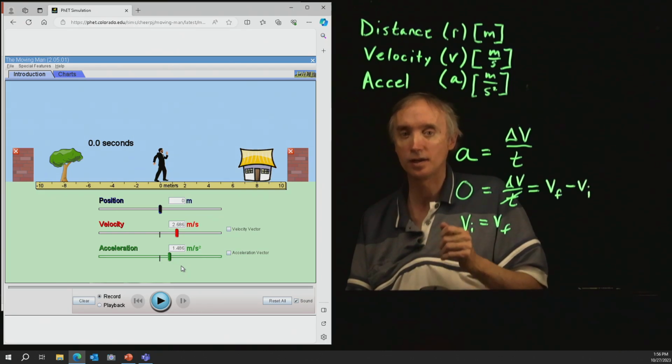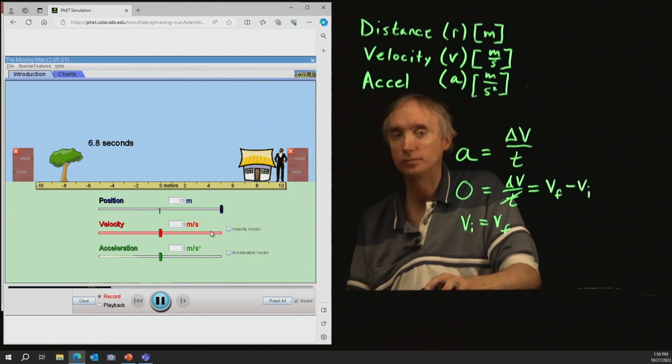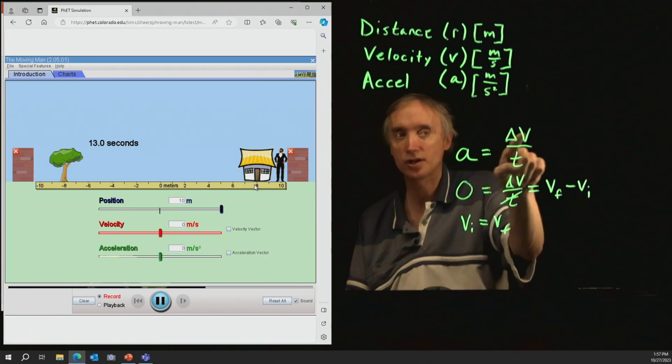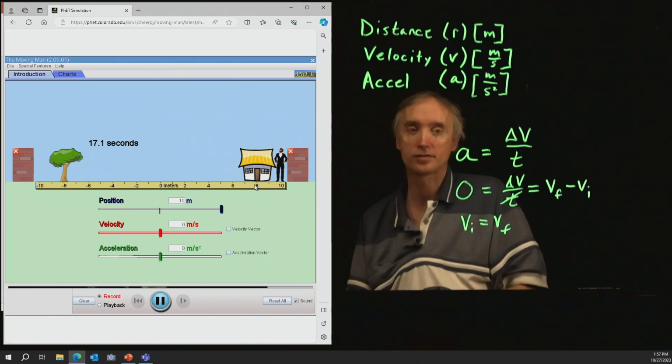Now he is accelerating. Okay, so now we're going to hit go. Kind of hard to see, but you should have noticed he's speeding up. So his velocity is now changing. So an acceleration changes your speed. So he's going to start to go faster and faster.